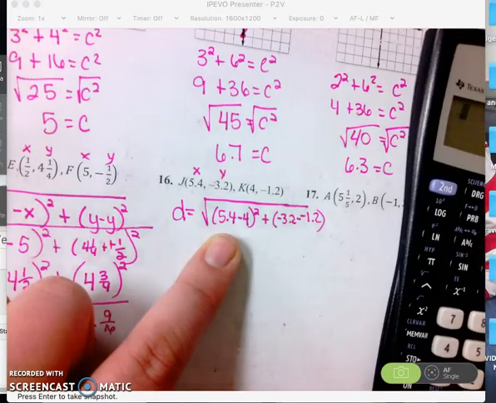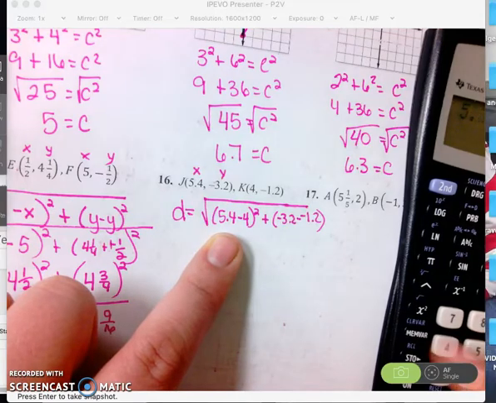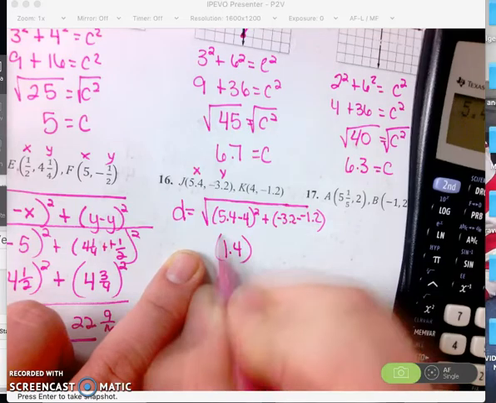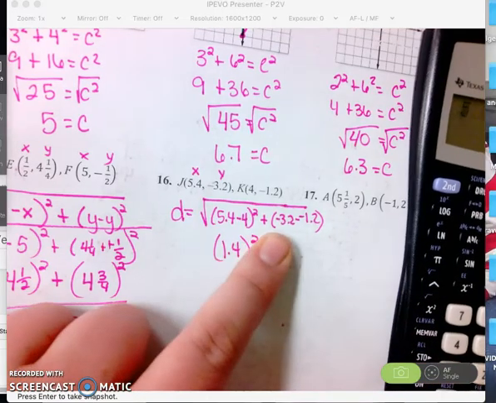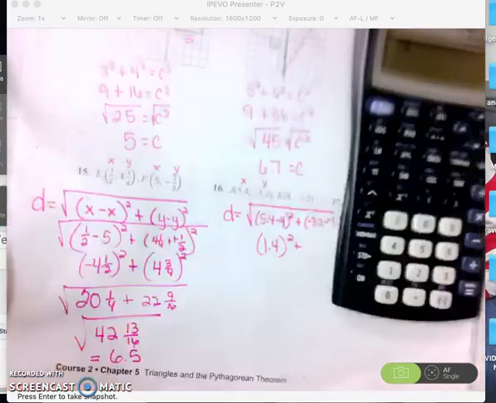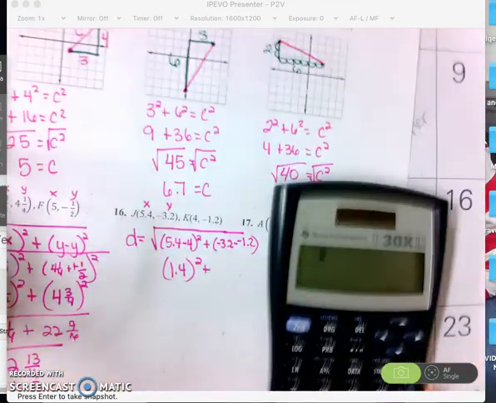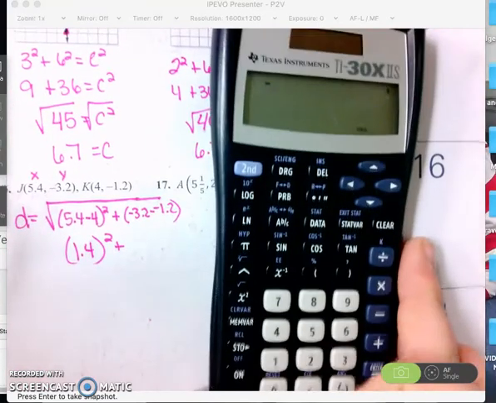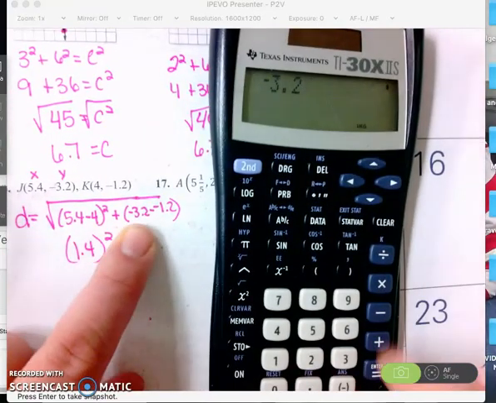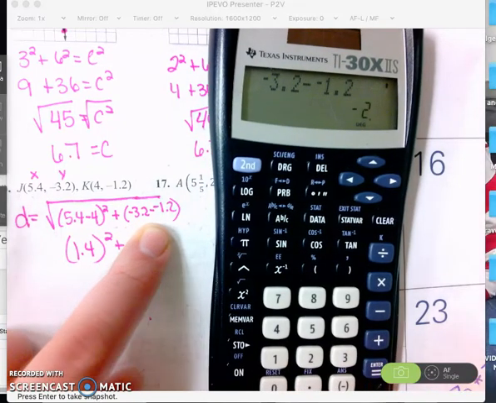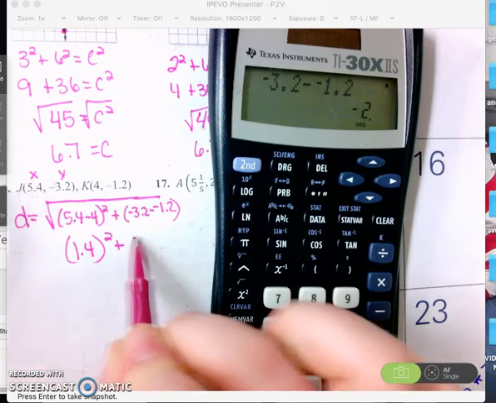So if I want to do this on a calculator, 5.4 minus 4, so 1.4. Remember, this little guy right here is the negative, so negative 3.2, and then minus a negative 1.2.